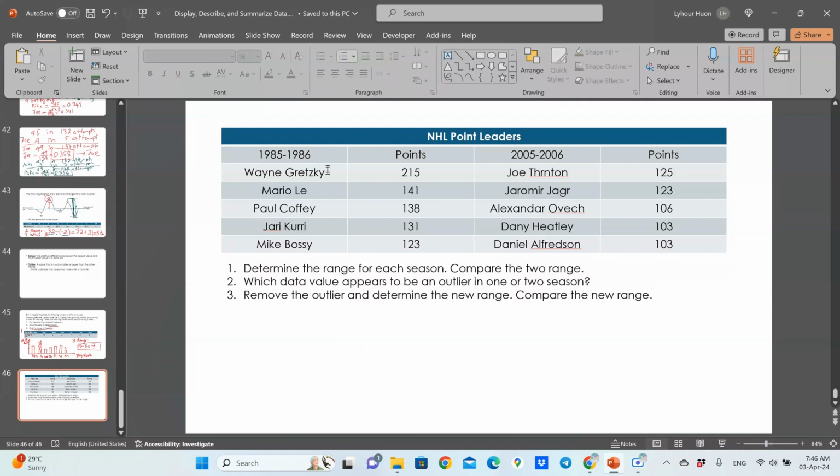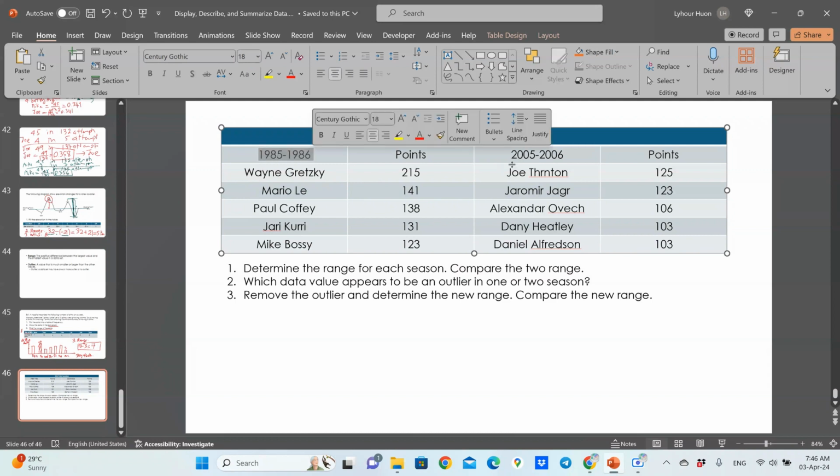Okay. So actually for this second example, there should be a lot of headings. There are two seasons of NHL point leaders, 1985 to 1986 and 2005 and 2006, and the scoring record is in this table.